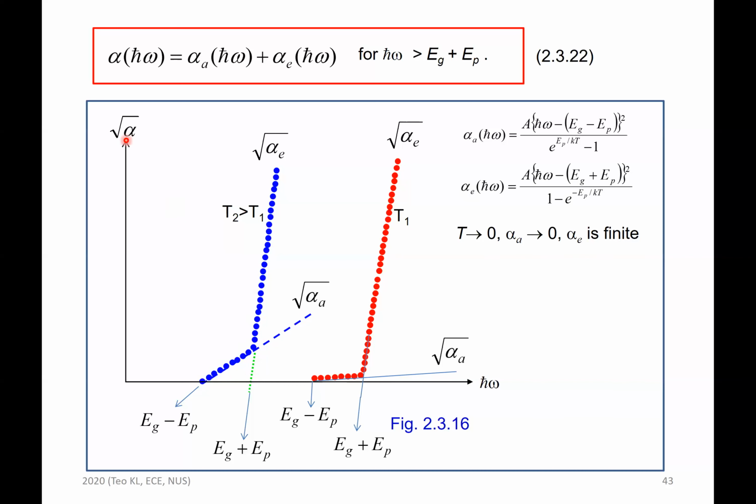It will be easier to plot as a square root of the absorption coefficient, because you take the square root on both sides, then this is a square, so this is a linear term. The numerator is just a constant, because EP is a finite phonon energy, and then kT is a finite temperature that you are measuring.